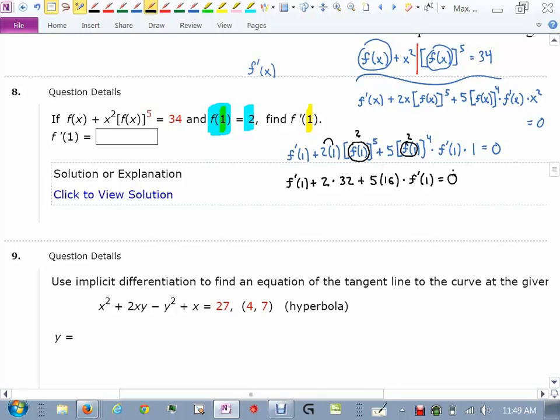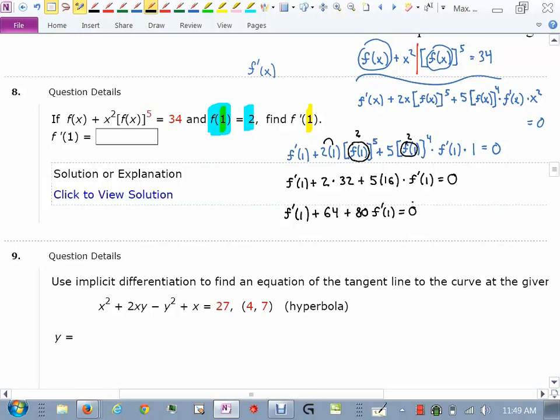So now I need to multiply some things together. I've got f prime of 1, which is what I'm trying to find, plus 2 times 32, which is 64, plus 5 times 16, which is what, 80. Let's see, 80 f prime of 1 must equal 0.